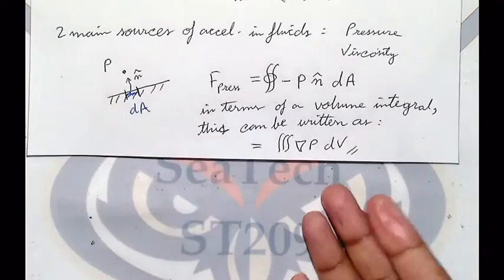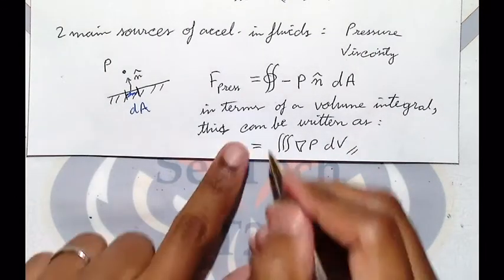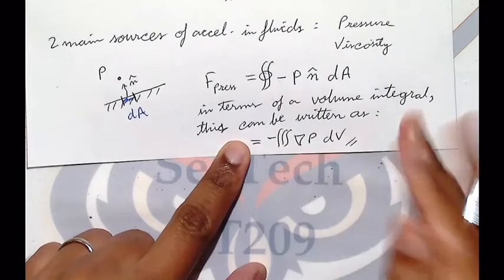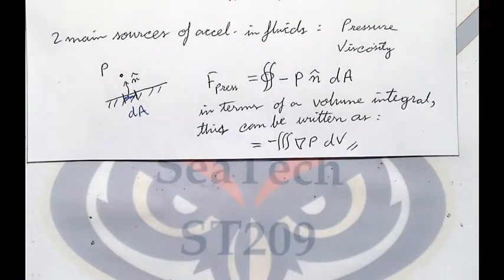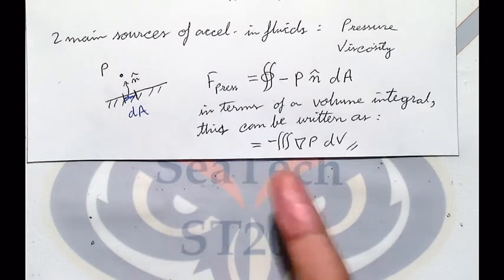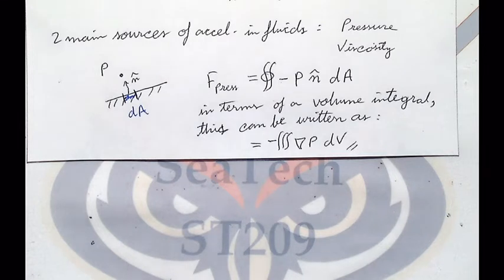This is the term we are very familiar with. I missed a minus, so this is minus nabla P over rho that we keep writing on the right-hand side. So we have one of the terms on the right-hand side. Let's look at the second term.